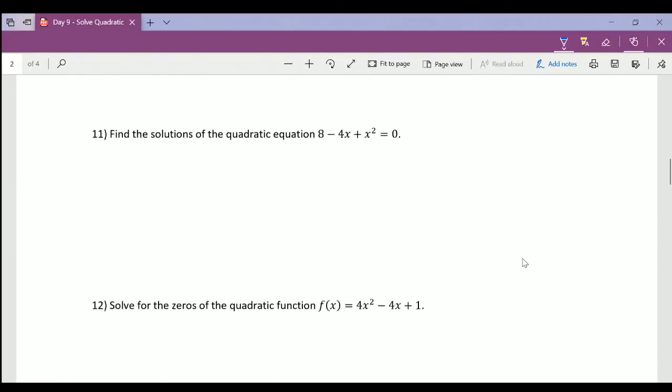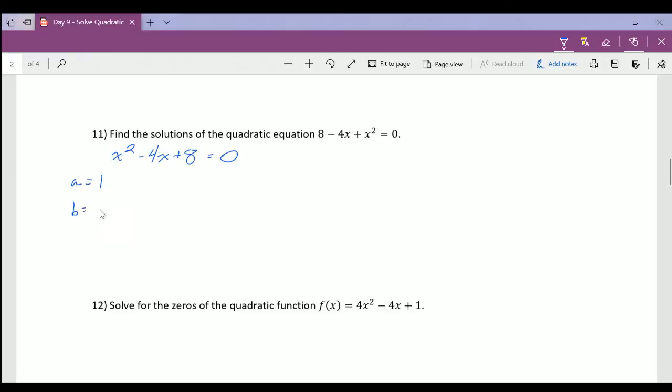Here's another one. Find the solutions for this one right here. Okay, we want to rearrange it, put the x squared in front, minus 4x plus 8 is 0. So a is the 1 that's invisible right here.